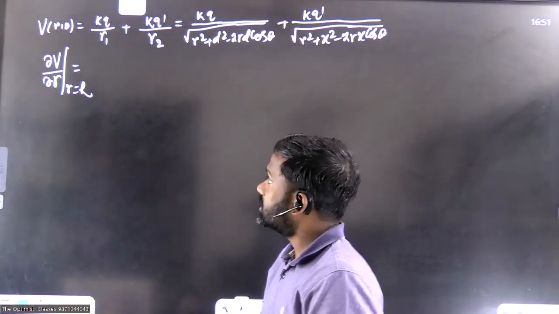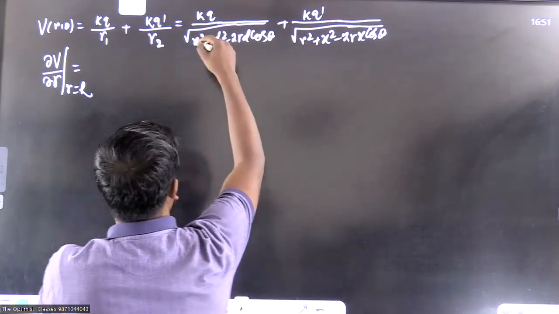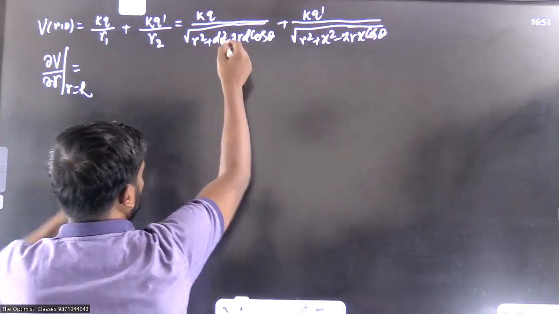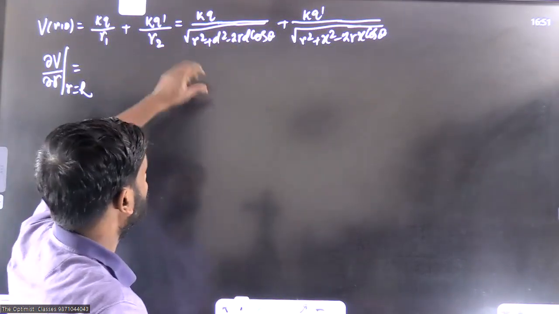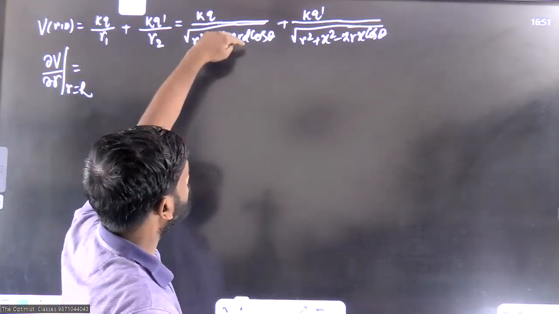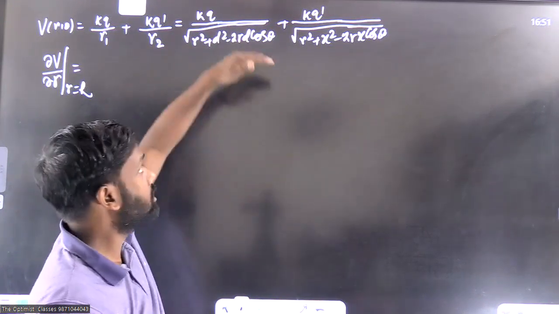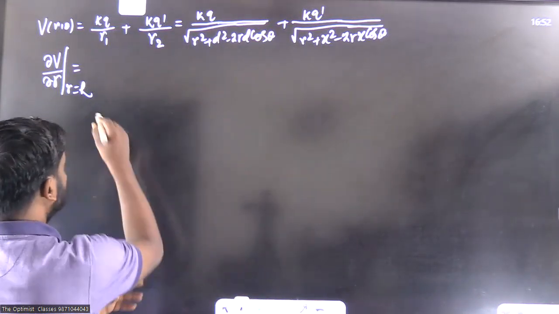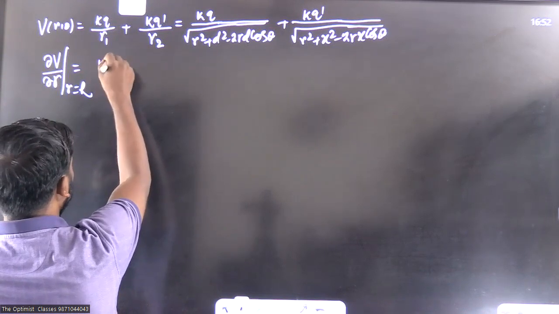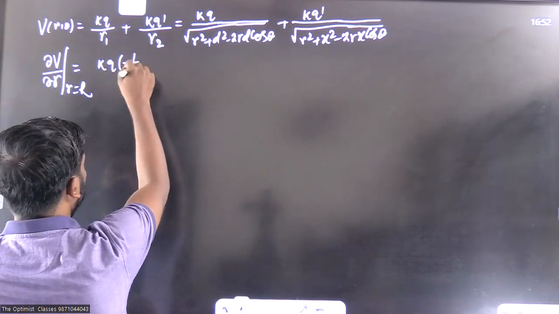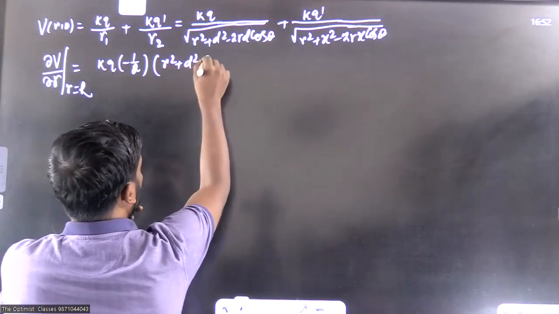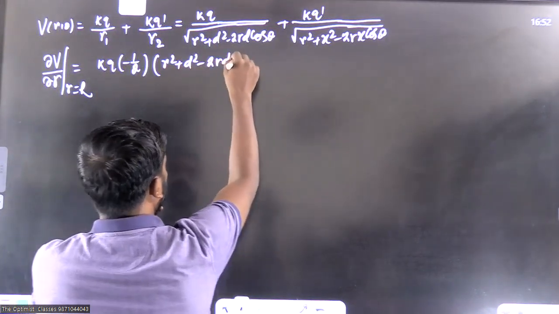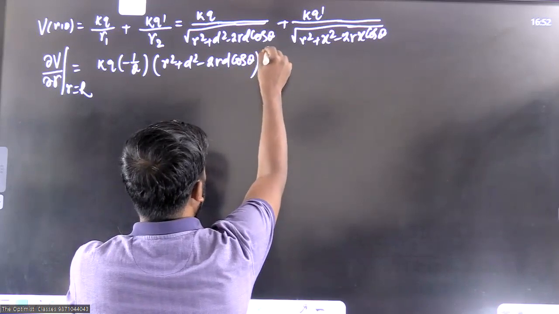So let's differentiate it with respect to r. I can take this denominator to the numerator. Its power was 1 by 2, so in the numerator its power becomes minus 1 by 2. If you differentiate it, you have kq, and here you get minus 1 by 2, times r square plus d square minus 2 r d cos theta, whose power becomes minus 3 by 2.